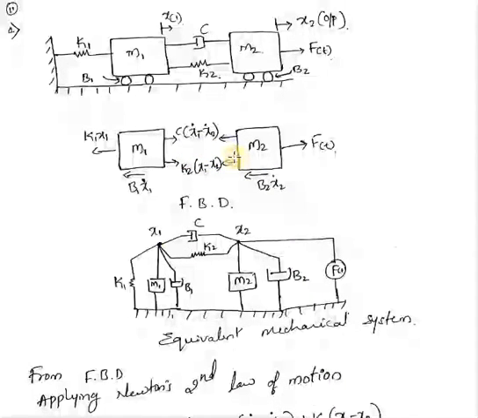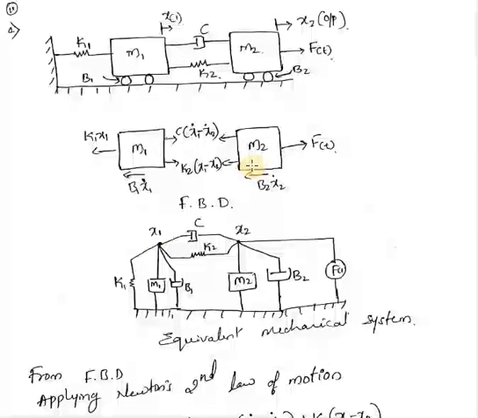Once you show these directions on the surface of M2, on M1 they will be in the opposite direction. Then when M1 is trying to move in this direction, K1 will try to resist. And the frictional force always acts opposite to the direction of motion, that is, the direction of displacement. So here B1 into x1 dot, B2 into x2 dot. So this is the free body diagram.